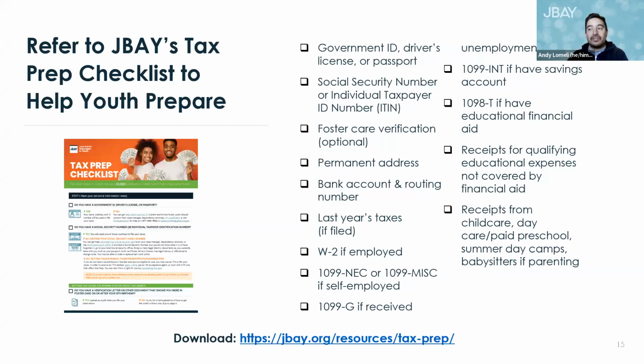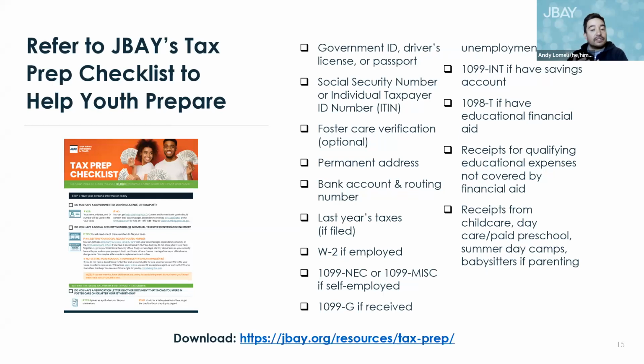I know one example we love to use in the past is if you take a class in photography, you have to buy a camera for that class. You have to buy some sort of software as a class requirement. That counts as a qualified expense. You want to be able to save up your receipts for those academic expenses.